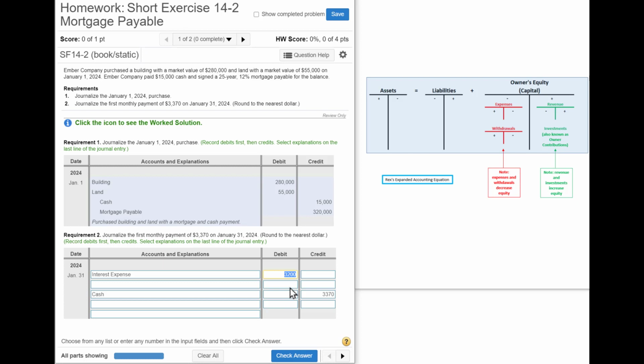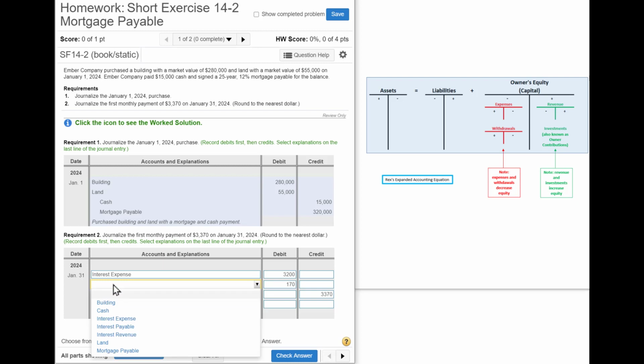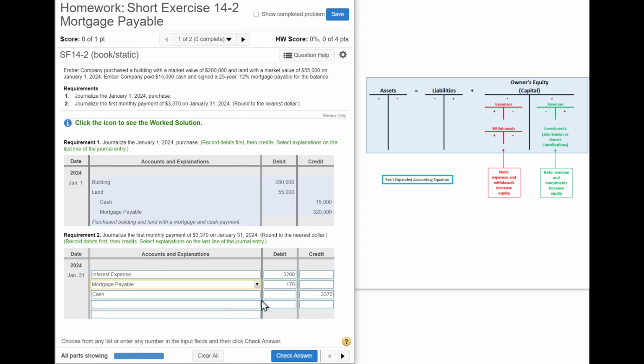Now notice these two numbers do not balance. Why? Because we also need to lower our mortgage payable by a little bit. And how much is that little bit? Well, it's the difference between $33.70 and $3,200. So you subtract those two, we get $170, and that is lowering our mortgage payable. Why am I saying lowering it?